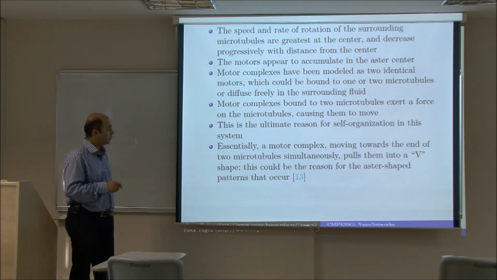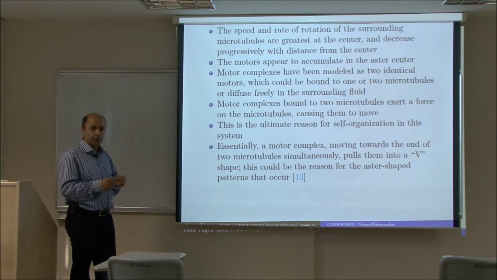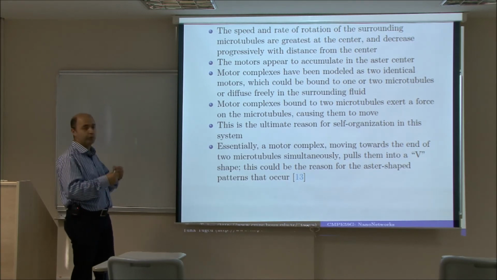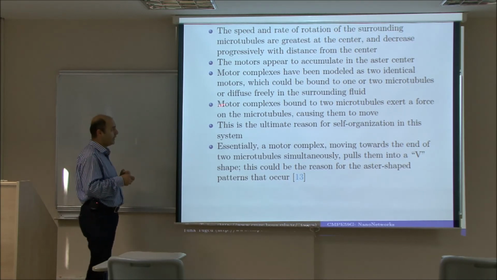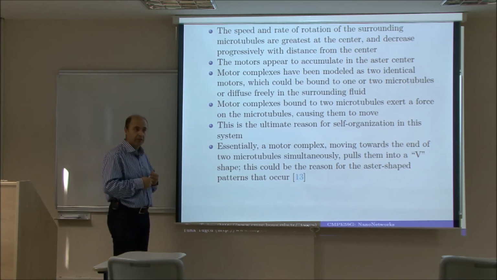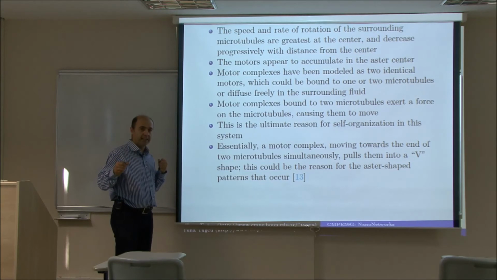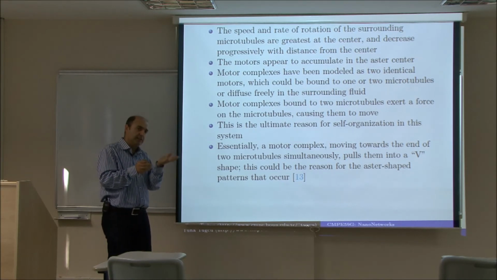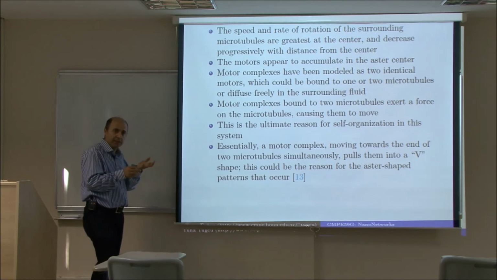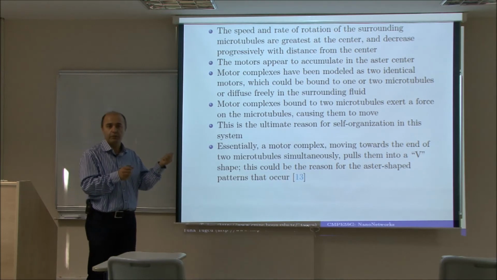These motor complexes, when they're bound to two microtubules, as they move, they exert a force on the microtubules. As I said, these are so strongly attached to the microtubules that they're pulling the microtubules towards each other, because the other side of the motor complex is holding the other microtubule.